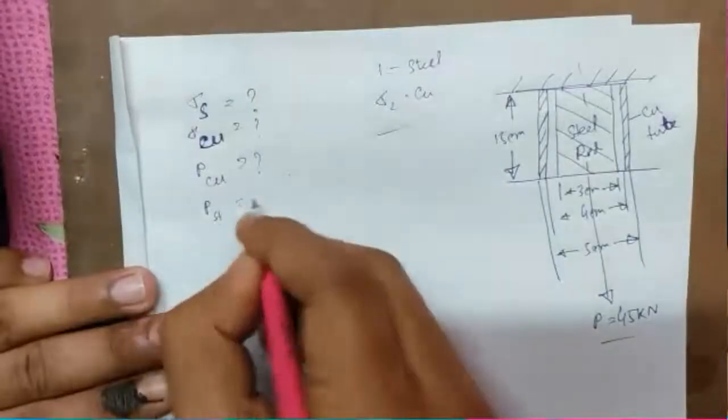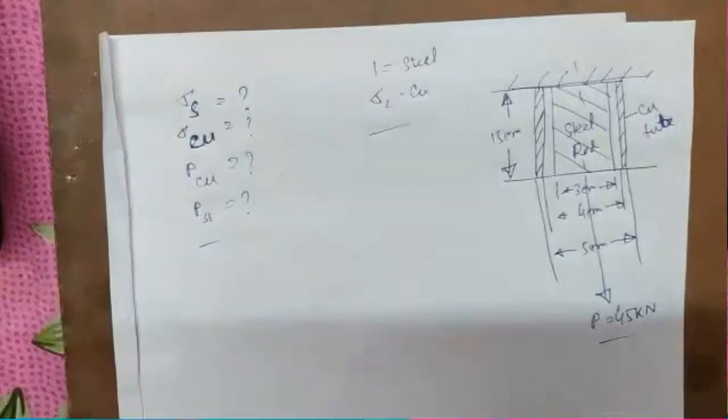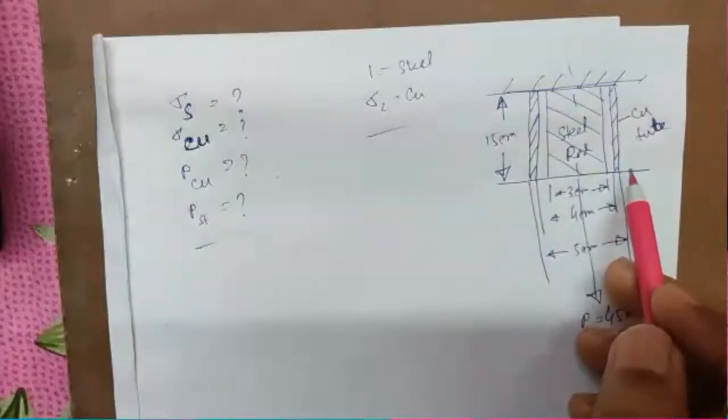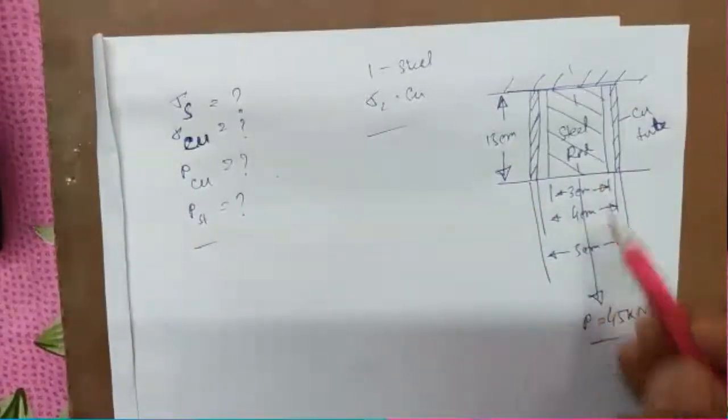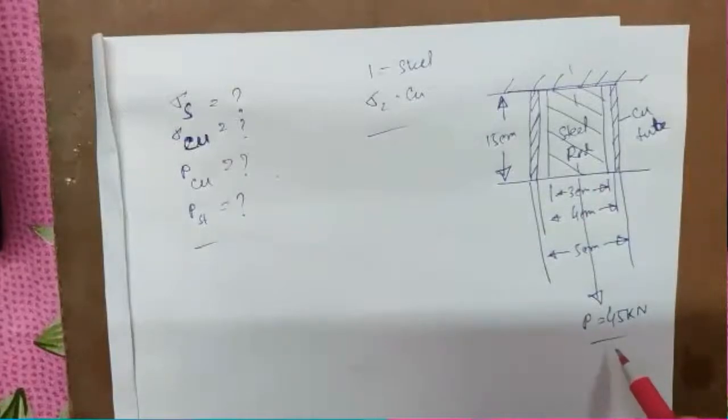Okay, fine. So there is a steel rod inside, there is a copper tube outside. Both are attached very rigidly and have an axial pull of 45 kilonewton. The dimensions are all given. So from here we can find out. Now you see the load is in kilonewton, others are in centimeter.